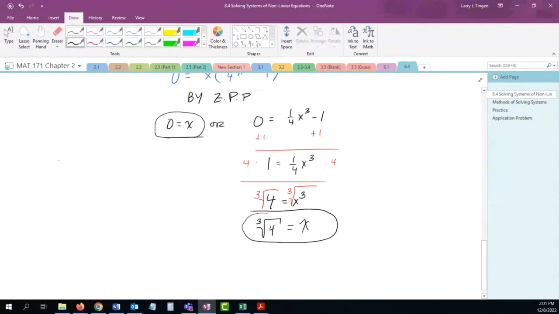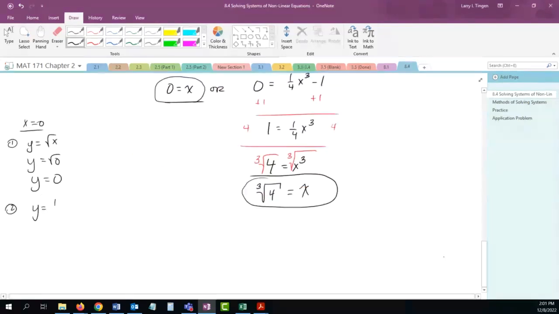So for x is 0, equation 1 is y is equal to the square root of x, right? So that means y is equal to the square root of 0, which ends up as y is 0. Equation 2 says that y is equal to 1/2 x squared.